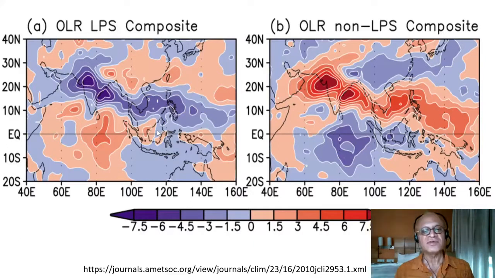This is from the same paper by Krishnamurthy and Ajay Mohan, which looked at the OLR, the outgoing long wave radiation, for low pressure system composites, and this is the non-LPS composite. And you can see this large scale dynamic pattern that's always there, going from the northwest tropical Pacific all the way across India into the northwest.